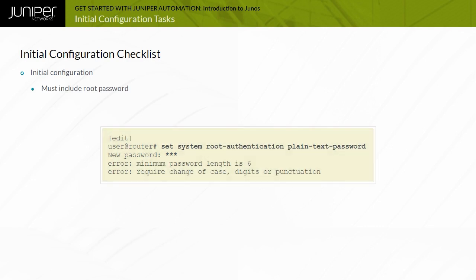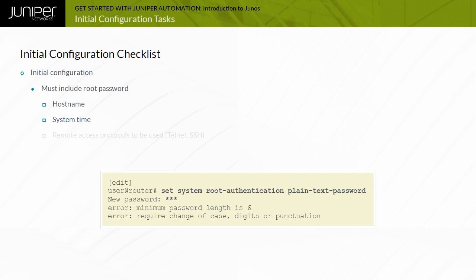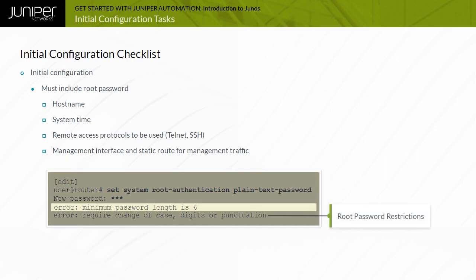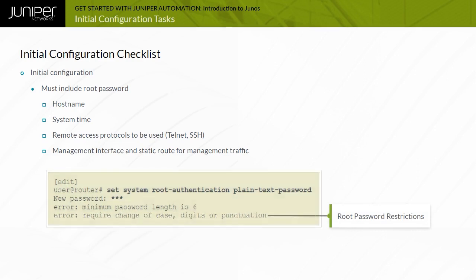In addition to root authentication, we also recommend that you configure a few additional items, such as host name, system time, system services for remote access like Telnet or SSH, and a management interface and a static route for management traffic. Junos OS enforces password restrictions. All passwords are required to be no less than 6 characters and must include a change of case, digits, or punctuation.